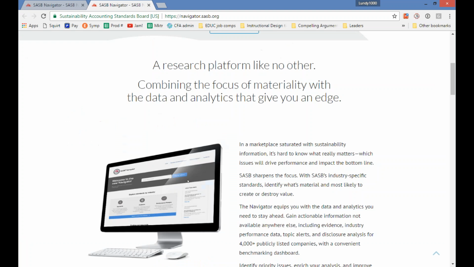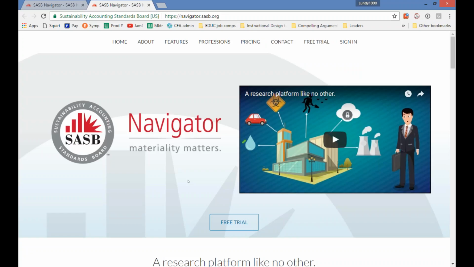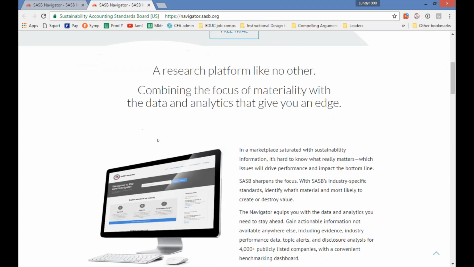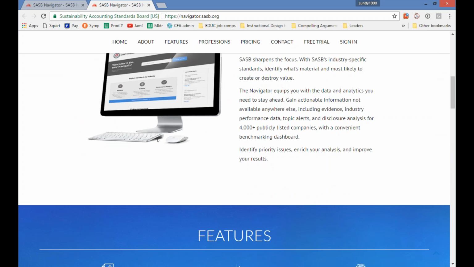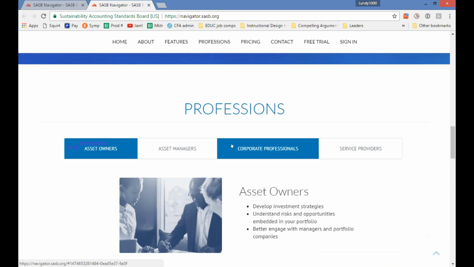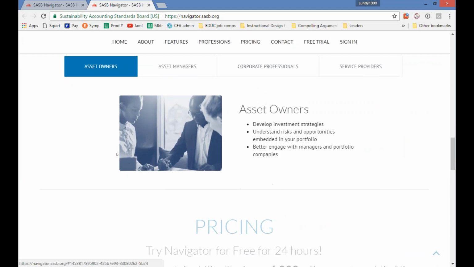So this is where you can sign up for a free trial for the Navigator. Even if you have gone through this demo and you want to try it out for yourself, you can sign up for a free trial at our website, navigator.sasb.org, and it gives you a little bit more information about what is included in the Navigator, some of the features, the different types of professionals that we've had using it and what they are using it for.